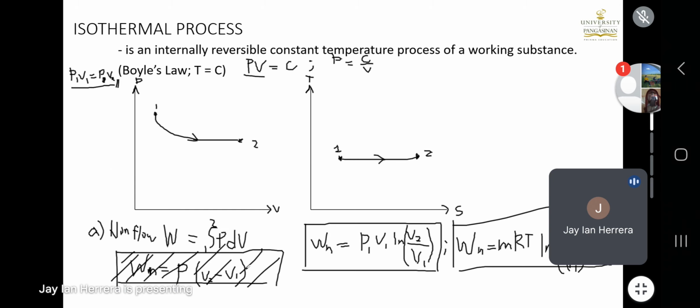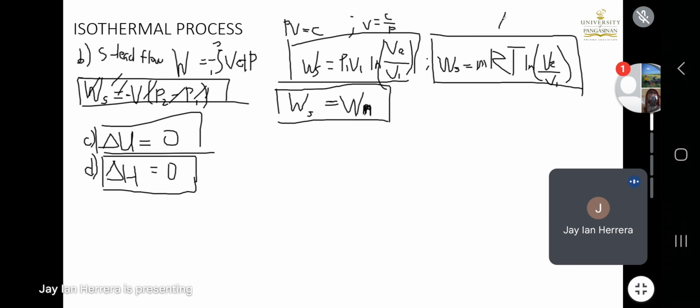So, if we're dealing with the change in temperature, since T2 is equivalent to T1 in this process, pag m, kahit ano, i-multiply mo sa m Cv or m Cp na delta T, kung parehas naman, magiging 0 din yung delta T natin. Therefore, 0 lang din yung delta H and delta E.